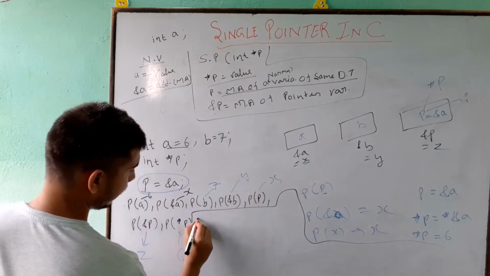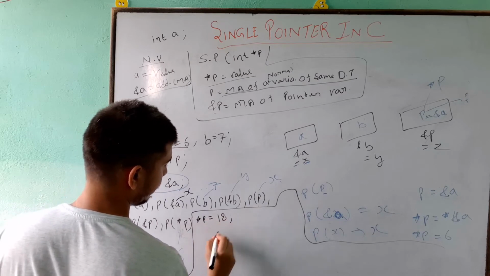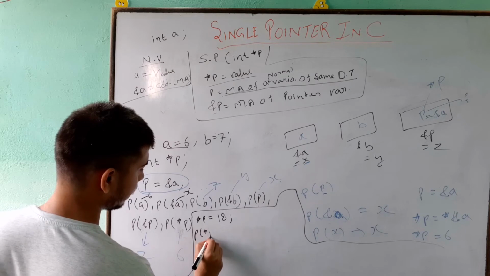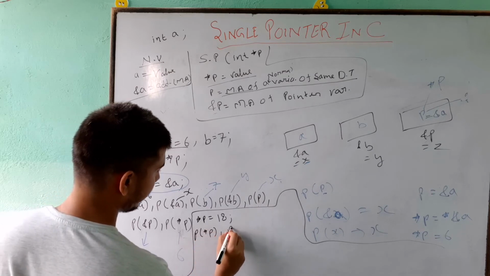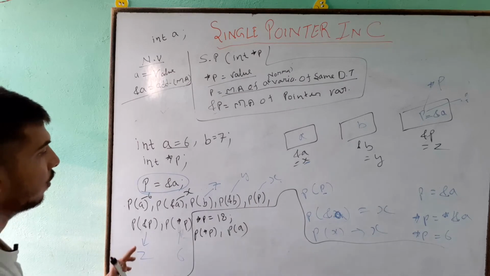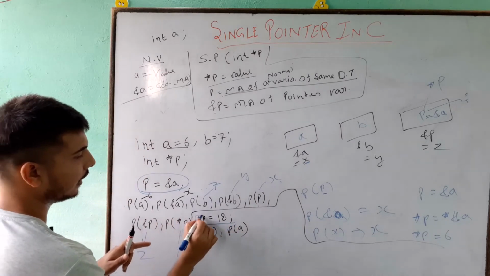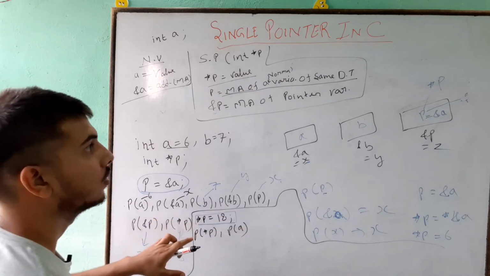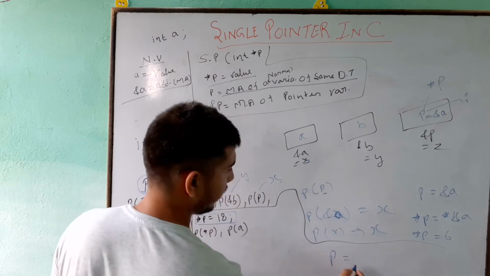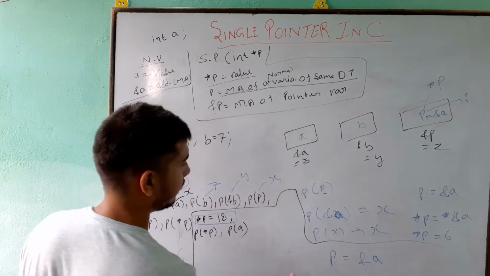Now I am writing *p equals 18, and I am asking what is printf of *p and printf of a. Note what I am doing in this statement, *p equals 18. What was p? p was &a.